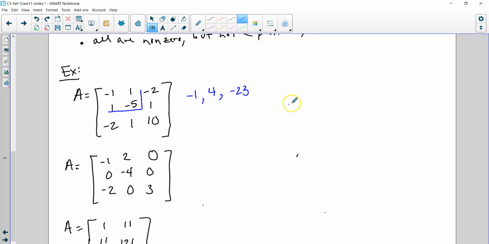You could double check that, but given the sequence, negative, positive, negative, this is going to be negative definite.